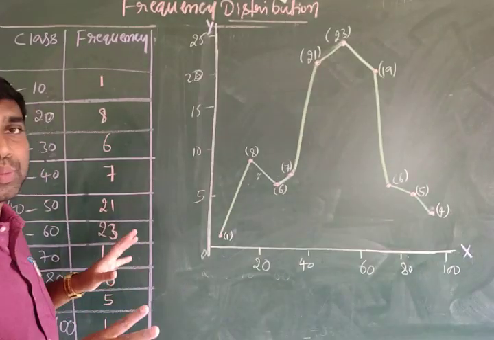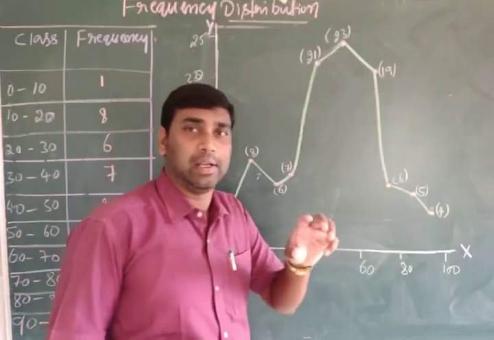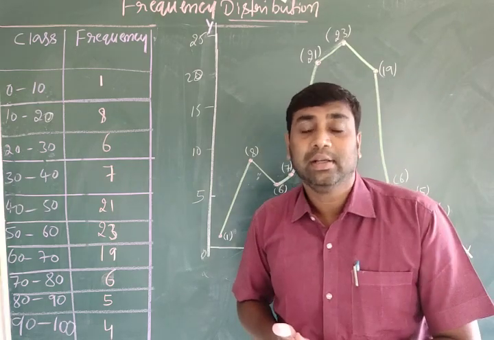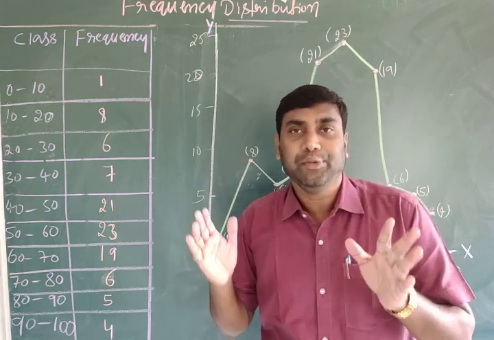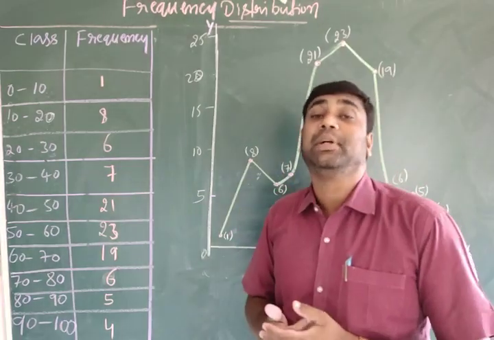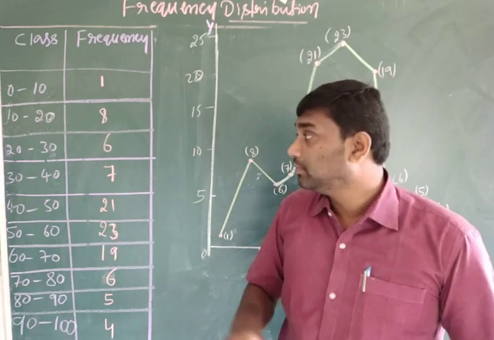Frequency distribution is nothing but a method of classifying raw data of a quantitative variable, and frequency is the number of values in a particular class.